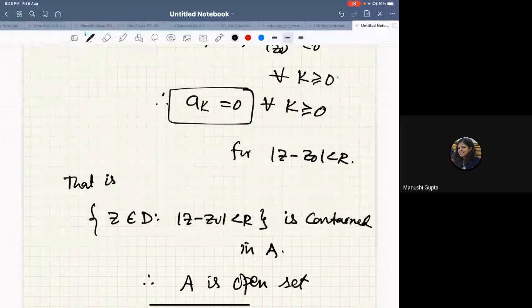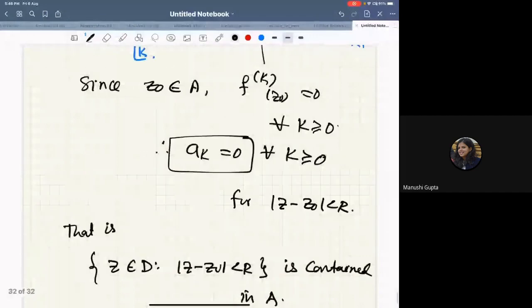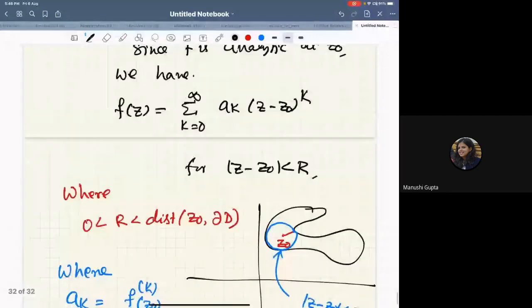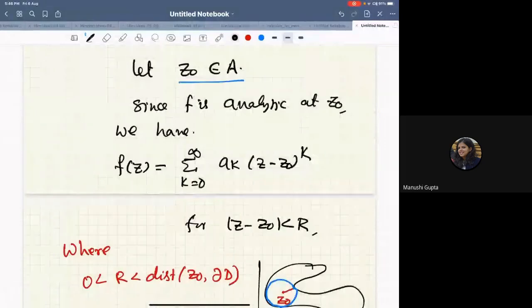So, A is both an open set and, yeah, please. So can we simply use continuity also? Can you please repeat your question? Sir, can we simply use continuity since F of Z0 is 0? So we know that there is some small neighborhood around it where it will be 0, and that will be contained in the domain. Where do you want to use it?